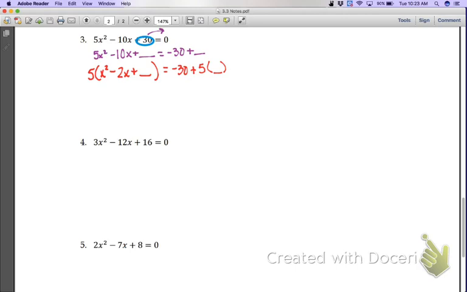Now, why do I have 5 right there? What did I do here? Well, I brought 30 over. But why do I have a 5 in the blank on the right side? Because you didn't take it out. Right.